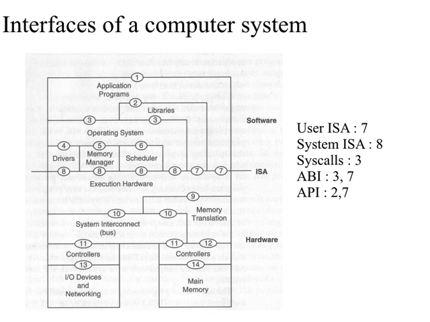So the system call interface and the user ISA, 3 and 7 together, constitute the application binary interface, or ABI. So it's important to understand the interfaces ABI and ISA, because the type of virtualization we are able to do depends upon which level of interfaces we are talking about.